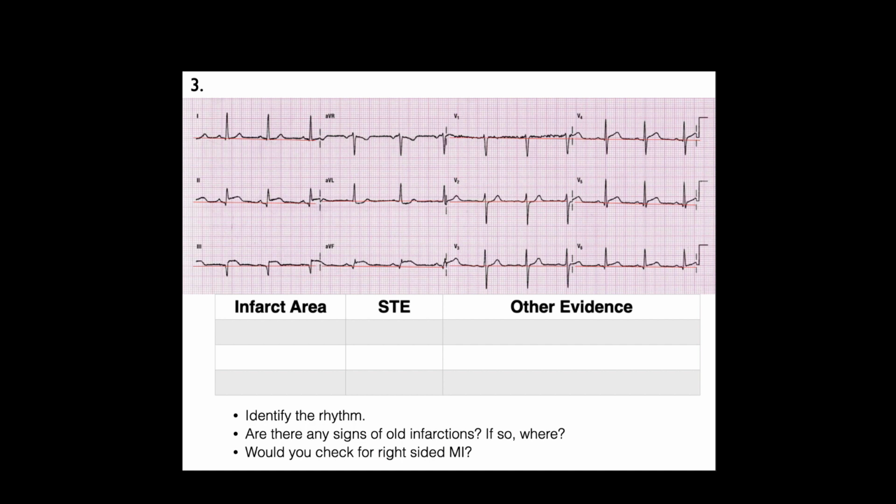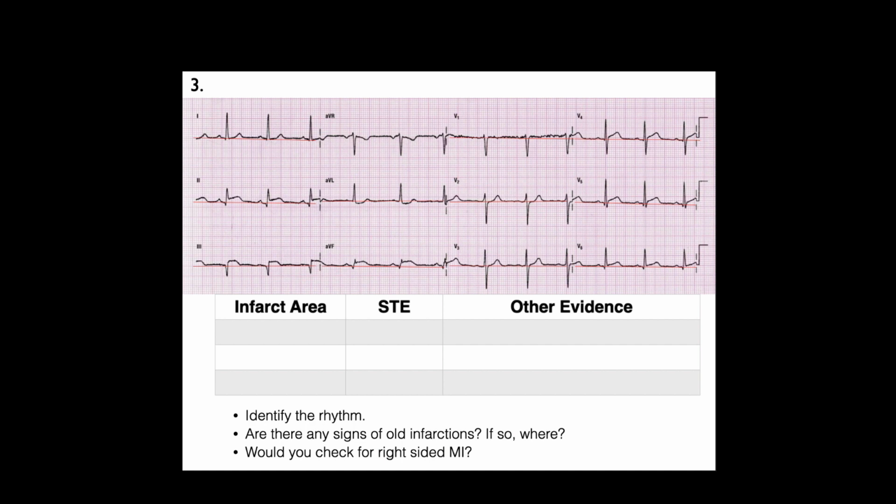What was the rhythm? I put normal sinus. Good. And any signs of old stuff? I'm blanking on what the old stuff is. You're looking for pathological cues that are not associated with anything acute, in a lead that has nothing acute about it.